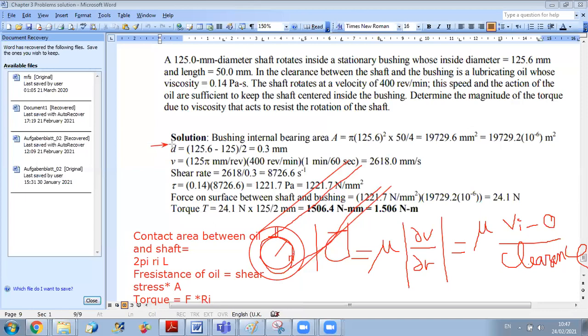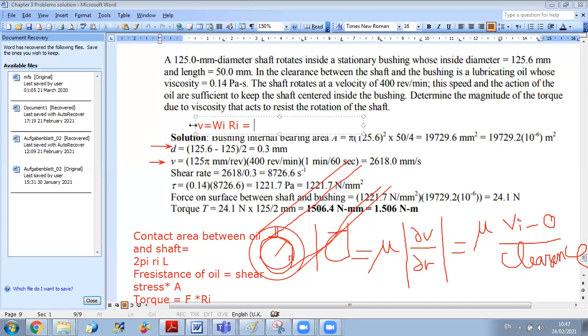First, they got the clearance. Then, to find V linear, they multiplied omega by R. Concerning units, V is equal to omega inner times the inner radius. Omega is given in revolutions per minute.